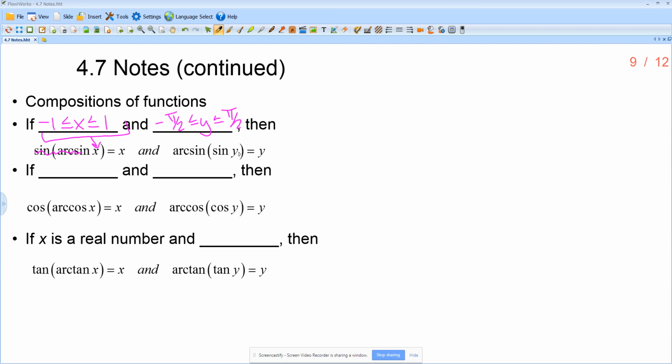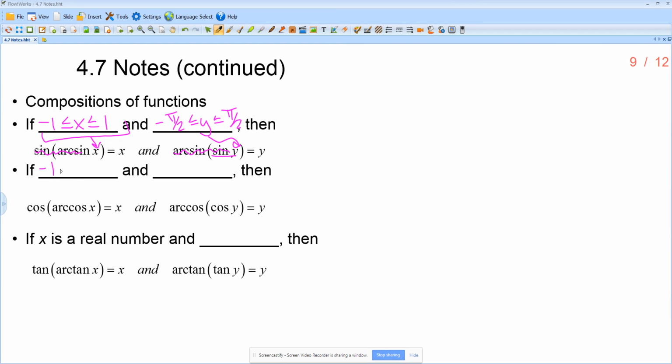Working the other way, if we want arcsine of sine, in order for me to cancel these, this y value must be within the domain of sine. And the domain of sine, when we're talking about inverse trig, is negative pi halves to pi halves. As long as it's within there, they cancel.